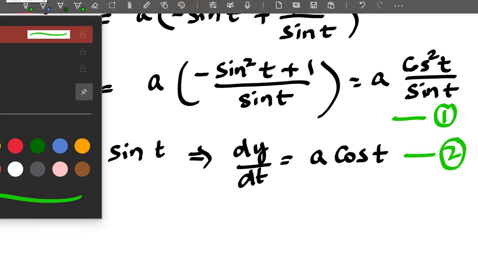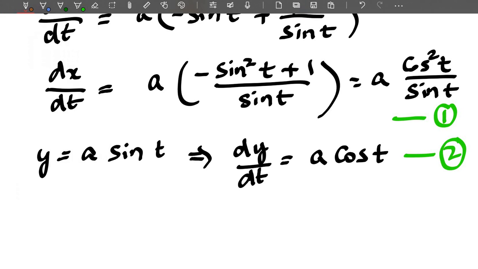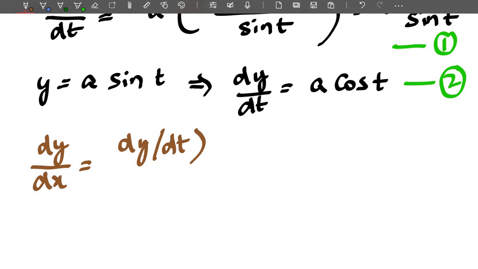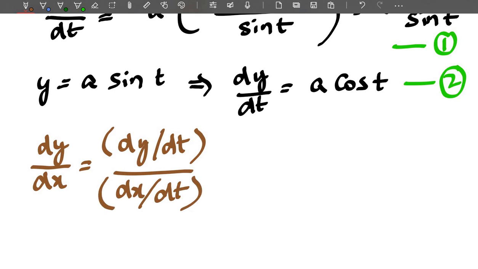Since I want dy by dx, dy by dx is nothing but dy by dt by dx by dt. That means it is nothing but 2 divided by 1.